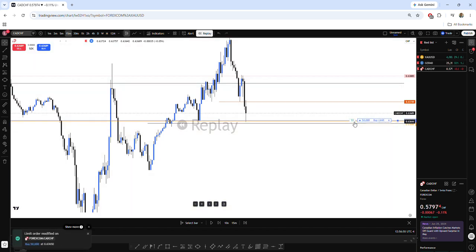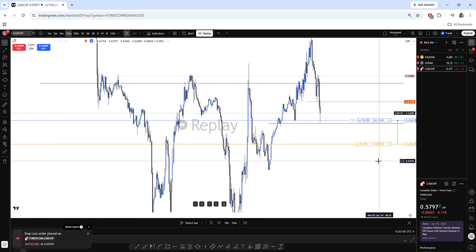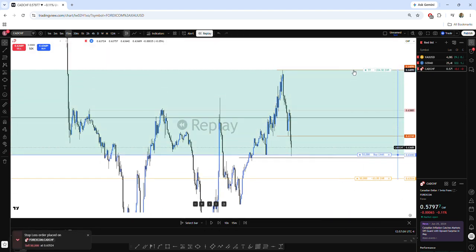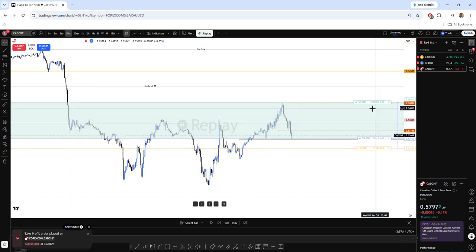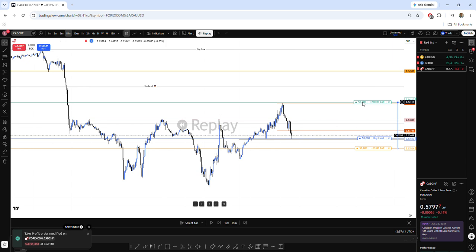Stop loss, I haven't calculated the stop loss that well yet, but let's say we put it here. And then TP, we'll put it at the CRT high.